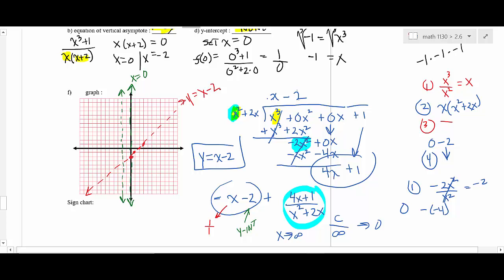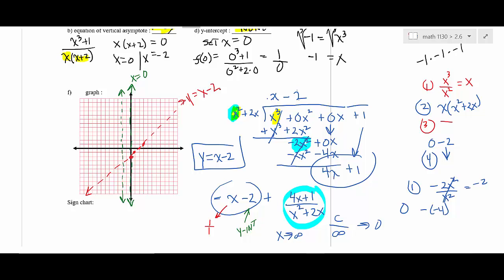Now what we're going to do is figure out without our calculator what this graph looks like. I can tell you the possibilities. You already know that if you have a vertical asymptote, the graph either goes down to infinity or up to infinity, right?